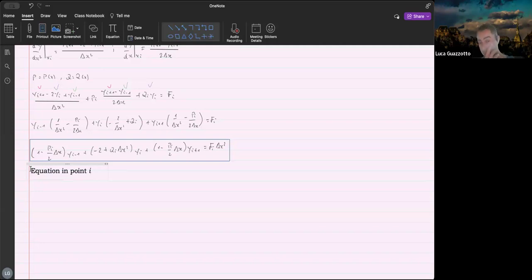I'm going to apply this equation at all points from 2 to n minus 1, where n is the number of points I'm using. And hopefully you can see why, but if not, let's look at it together.